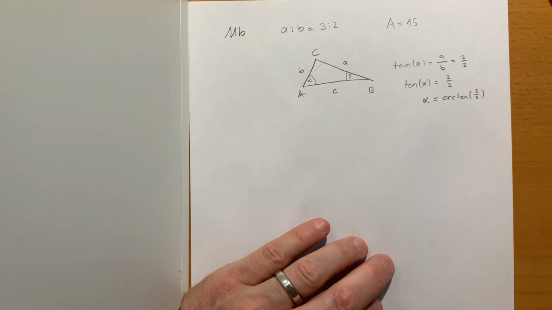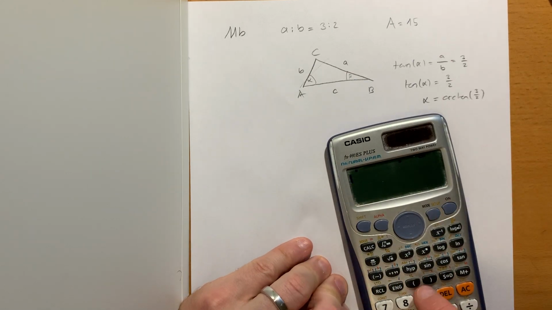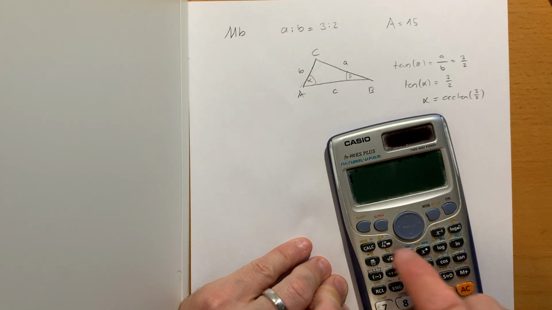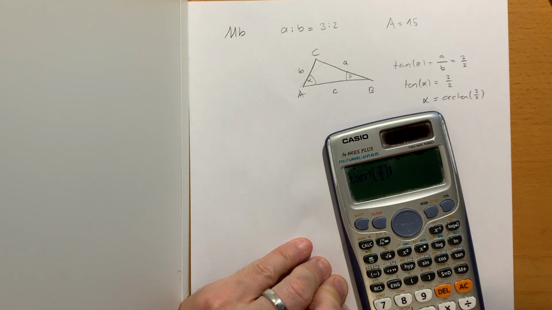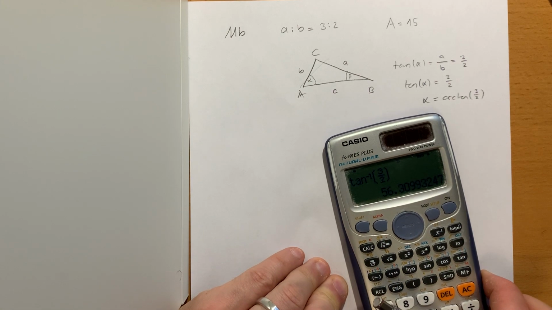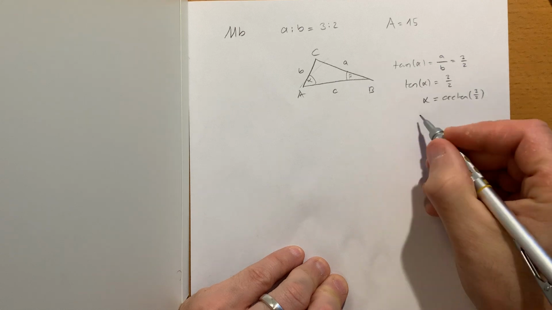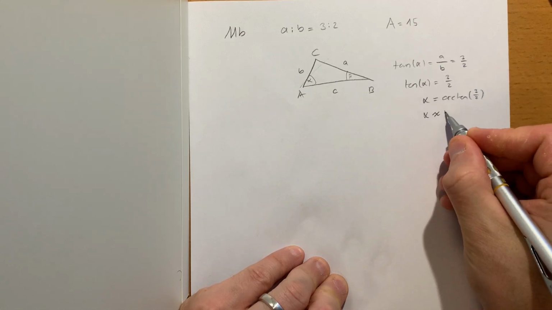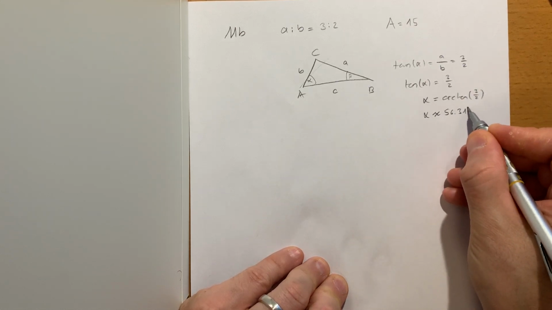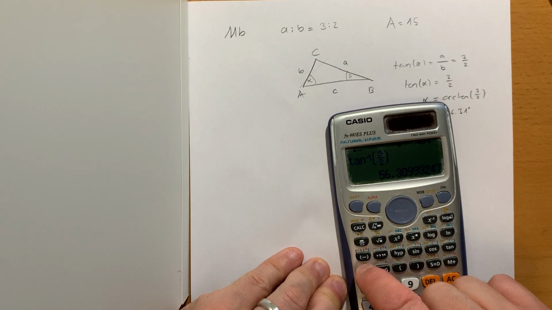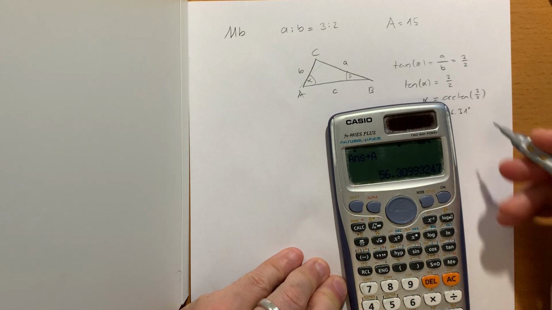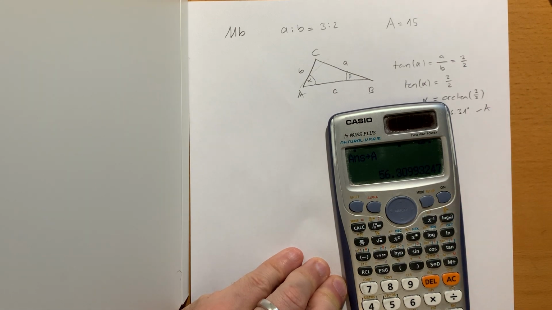So now we can work this out. Arctangent, shift arctangent, 3 divided by 2. Close the brackets, and we're going to get 56.31. Alpha is 56.31 degrees. Let's store this, shift store A. Why not? So this is stored as A.